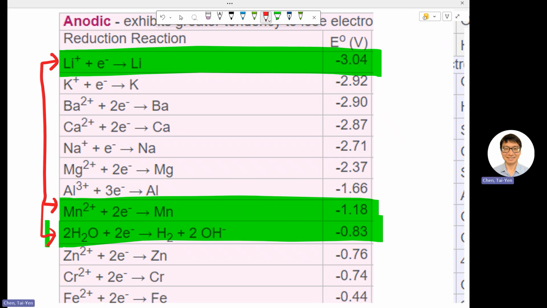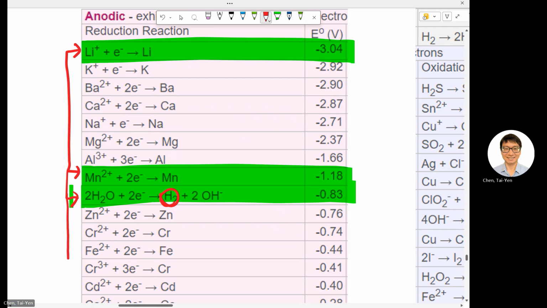So what you can use for judgment is that whoever has less negative potential, the product of that will be your answer. So here apparently the product of your water is what? This guy, right? Okay.